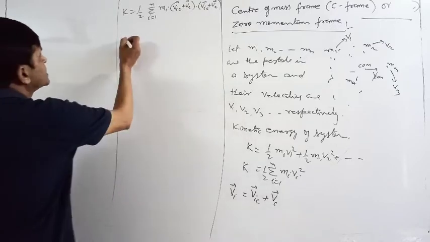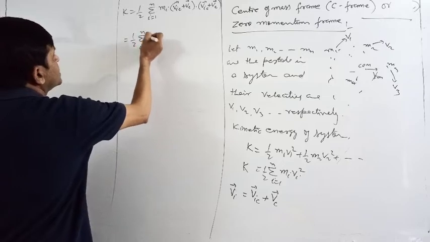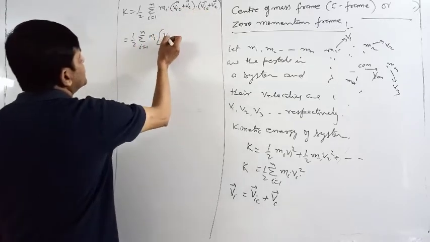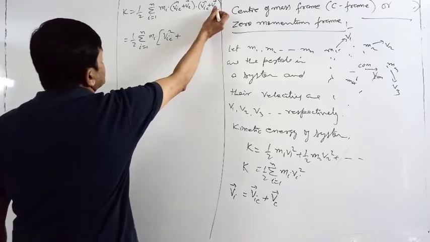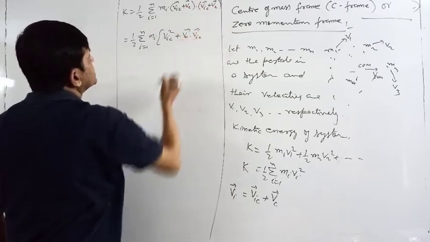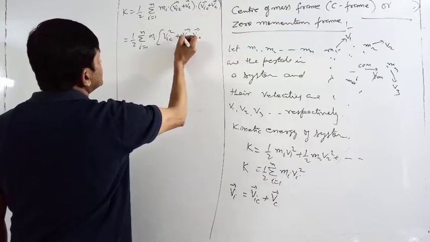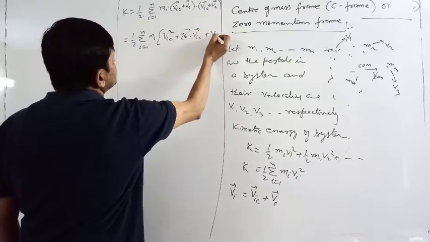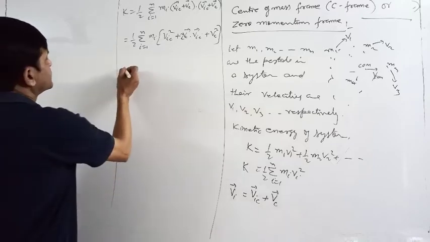Okay. Now see further. Half, I can write here mi. Now simplify this one: vic square plus 2 times vc dot vic plus vc square. Now see further.